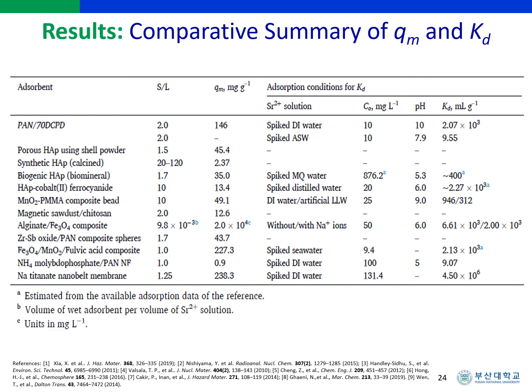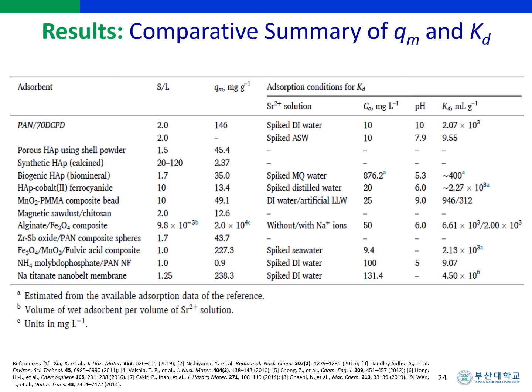The high ionic strength of ASW probably led to the thinning of the electrical double layer, which reduced the attractive electrostatic force surrounding the adsorption sites, hence deterring the diffusion of strontium ions from the bulk solution.